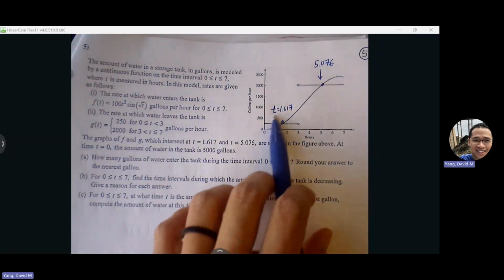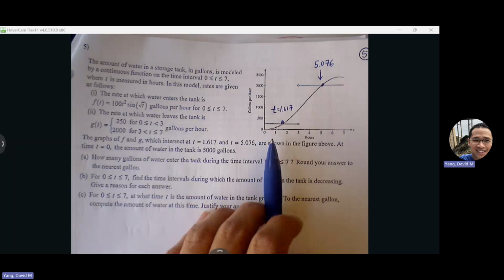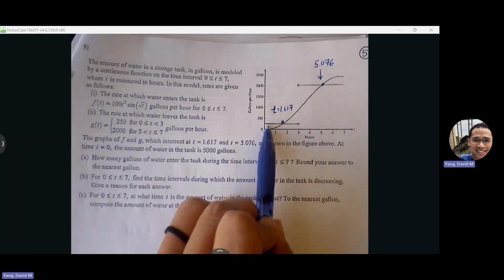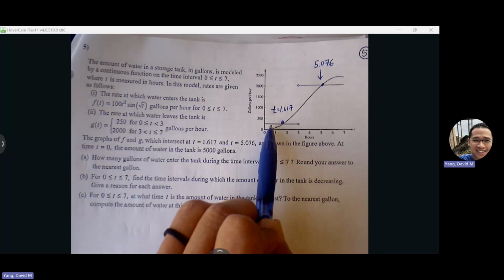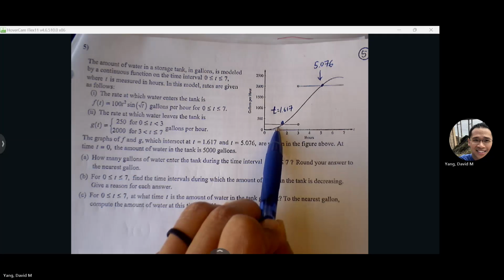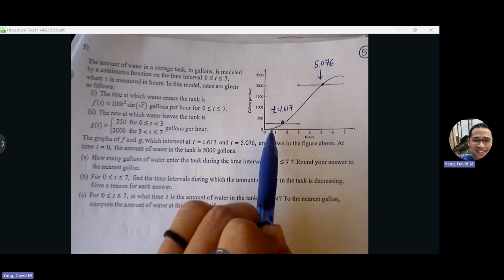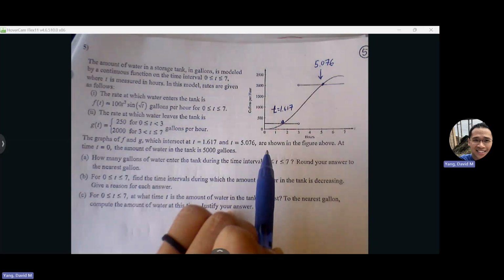So I want us to observe what is happening to the water level over the course of this time period. Let's say between 0 and 1.6, what's happening to the water level if this line is above the curve? Is the rate at which water is entering higher, or is the rate at which water is leaving higher? Leaving.